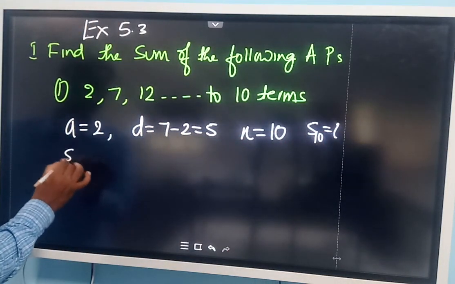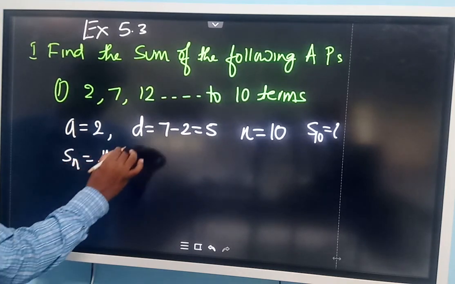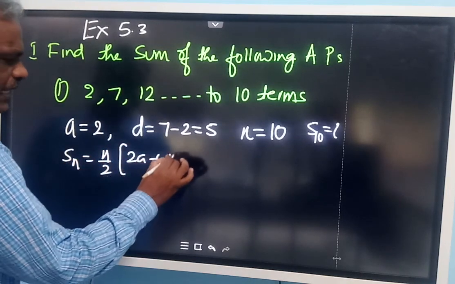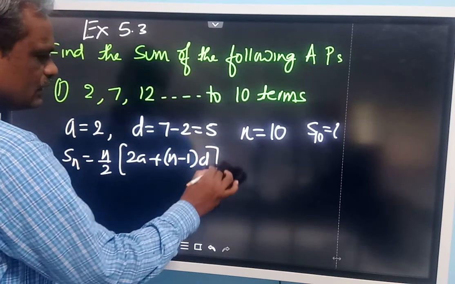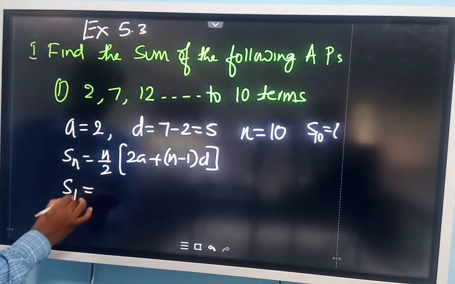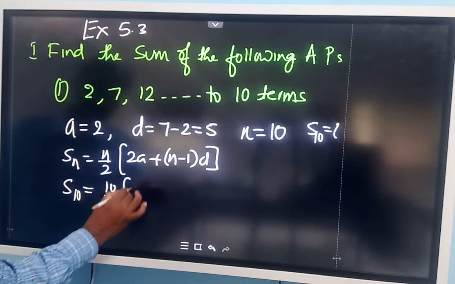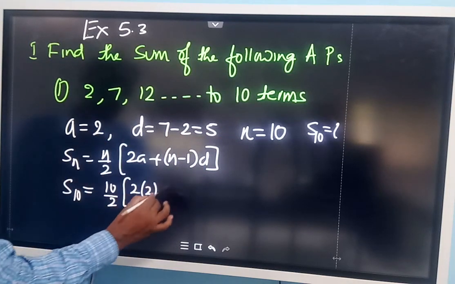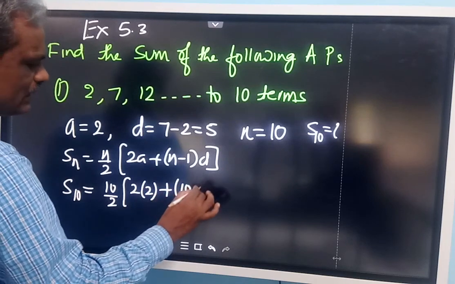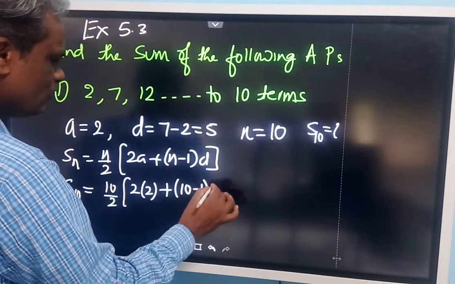So let us write the formula. Sn is equal to n by 2 into 2a plus n minus 1 into d. Substitute here: S10 is 10 by 2 into 2 into a, the first term is 2, plus n minus 1, that is 10 minus 1, into d, the common difference is 5.